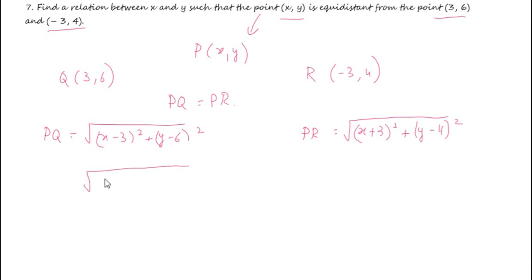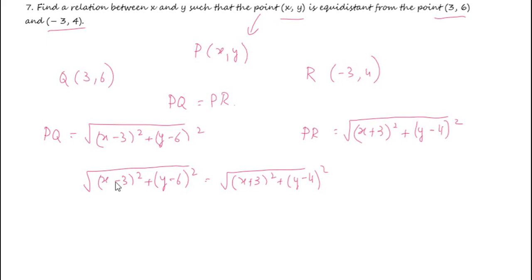Square root of (x minus 3) whole square plus (y minus 6) whole square equal to square root of (x plus 3) whole square plus (y minus 4) whole square.